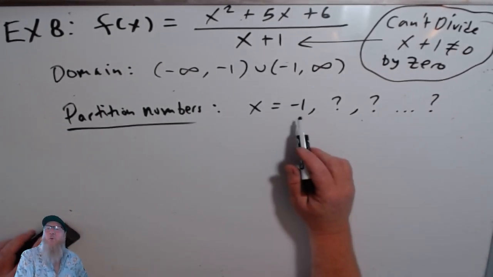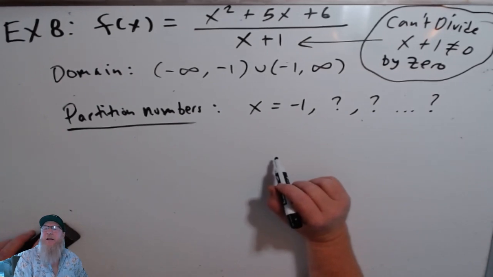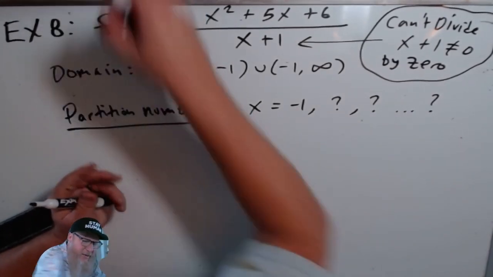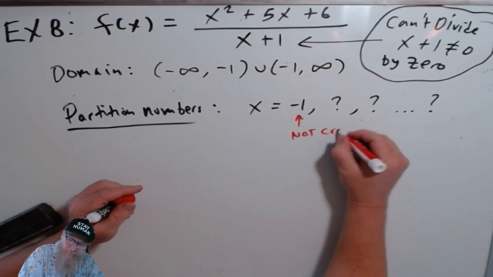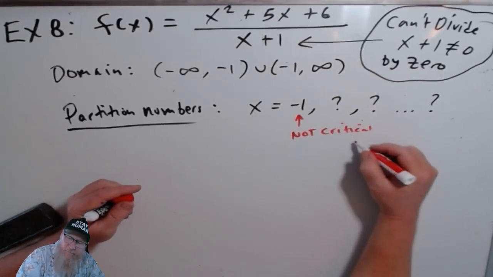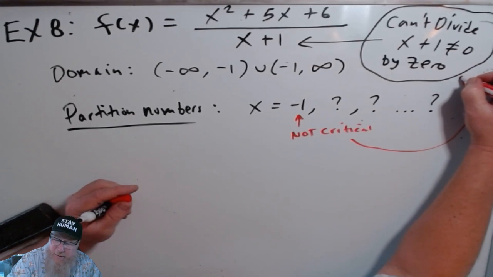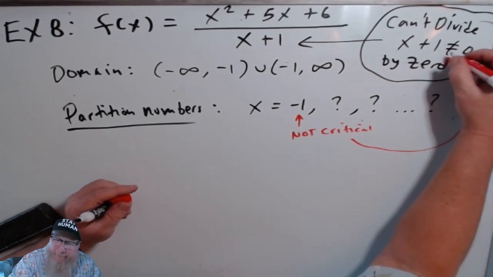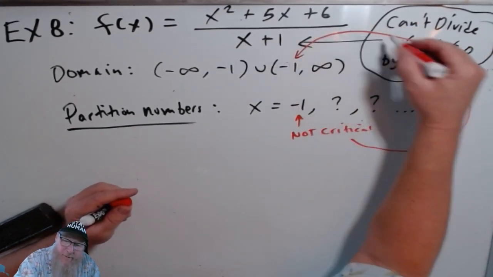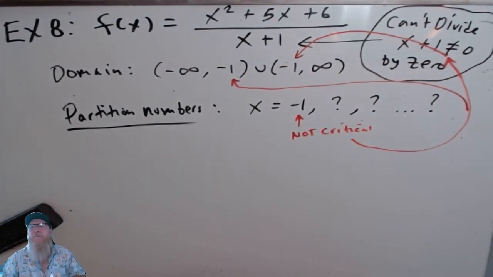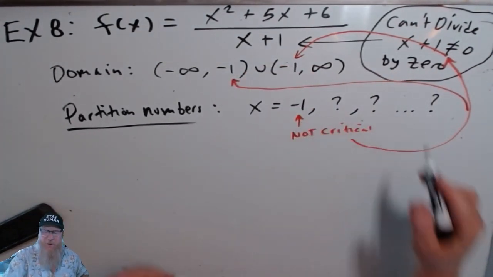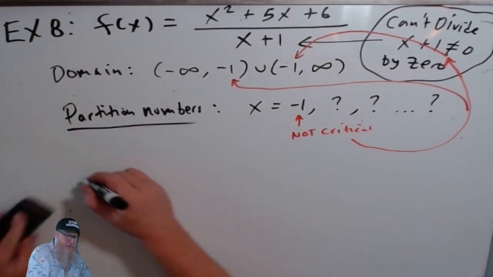So -1 is a partition value, but it's not going to be called a critical value. Because it's not in the domain. Critical values must be in the domain. All right, let's find the rest of the partition values.